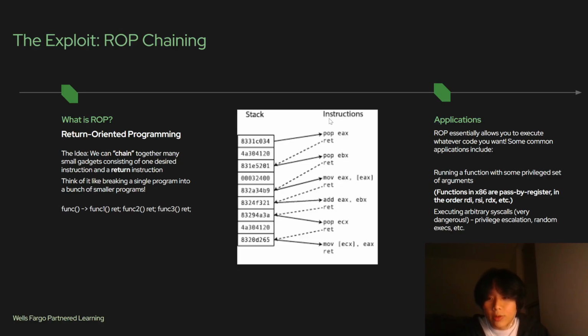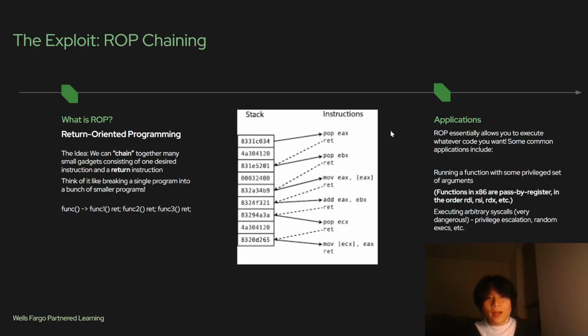Specifically, they're passed in the order RDI, RSI, RDX, etc. And what that means is that if you have a function that takes in arguments A, B, C, those arguments are going to be loaded into those registers in that order, and then they'll be read from there. So you can imagine if you want to set some arbitrary set of arguments before running a function, you could just be looking for these pop instructions and construct a ROP chain of all of those to get the values that you want popped into the correct registers.